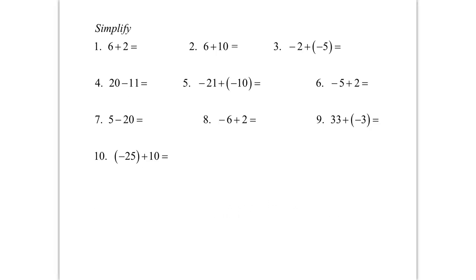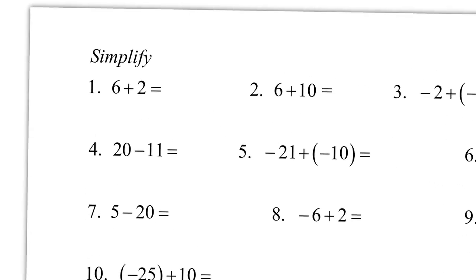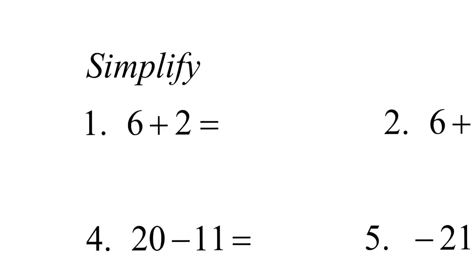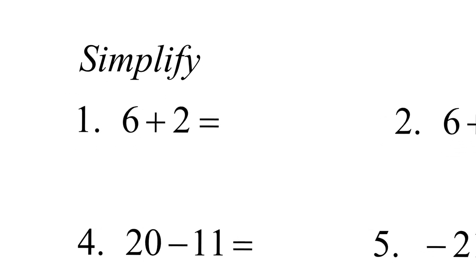Okay, so let's try a few examples. I have 10 different examples here. So I want to show you guys the first 2, and you guys already know the answer of those, but I need to explain, if you guys follow the rules that I show you guys, why the answer is the one you guys got. So looking at number 1, you guys have a 6 plus a 2. So here's what I want you guys to do.